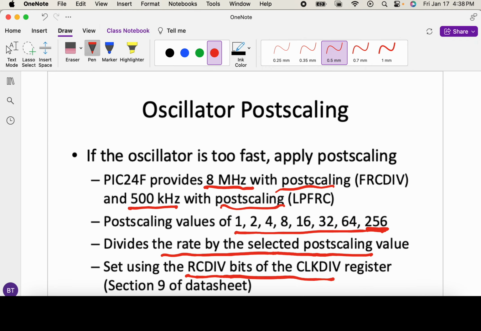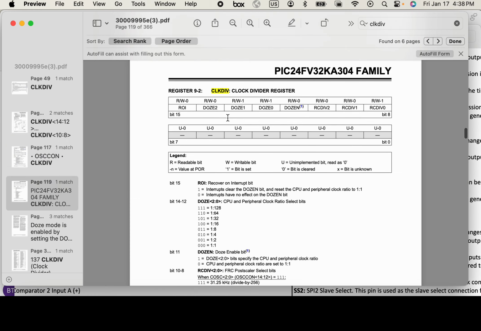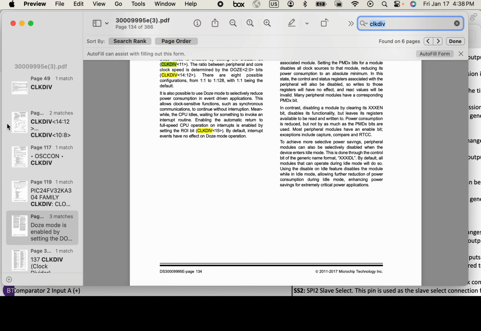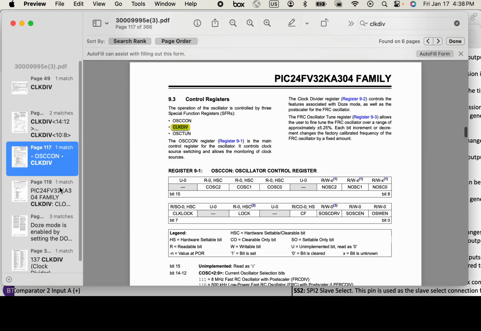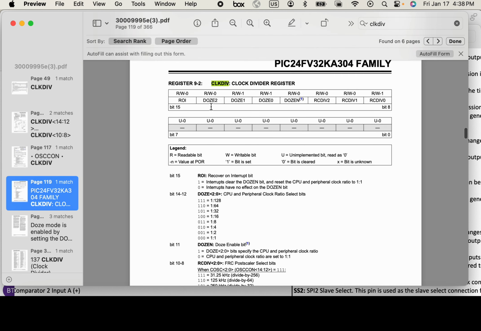So let's search for the CLKDIV register in our data sheet. It's right here. If you were to look for that yourself, you search for CLKDIV, and that pulls up all these results, and then you can click through these and see which one pulls up the actual register information.